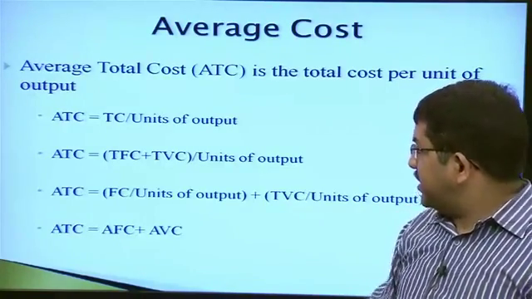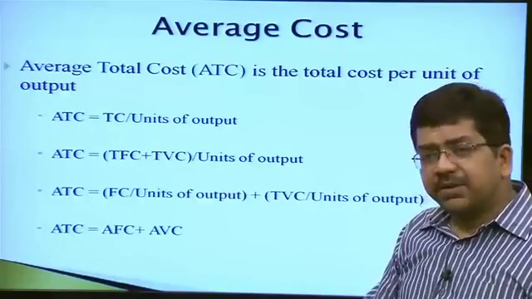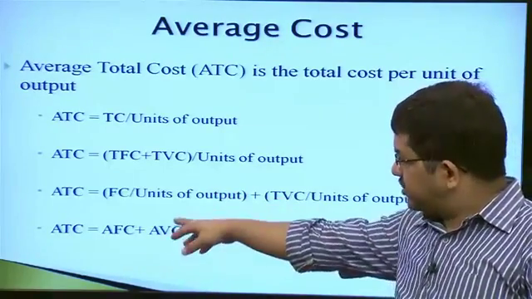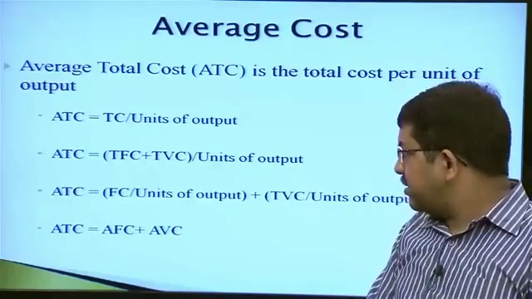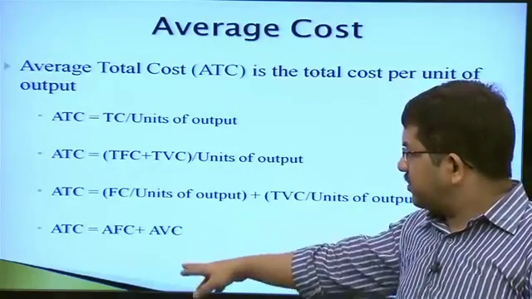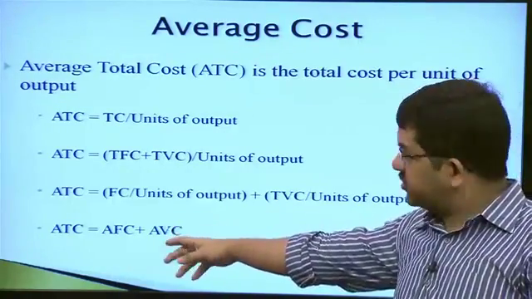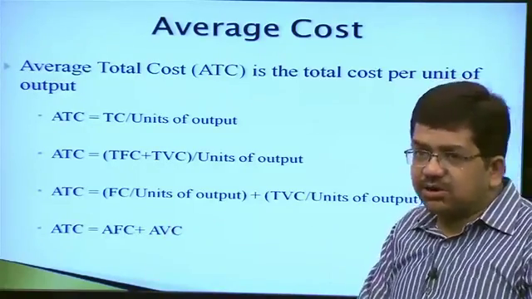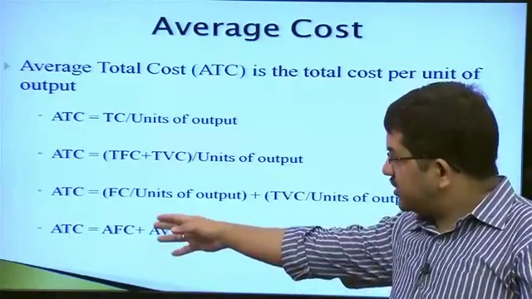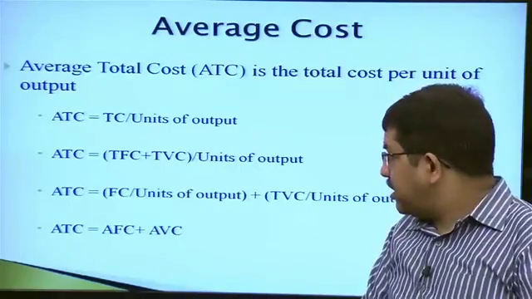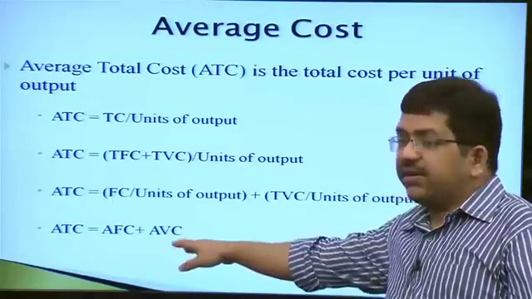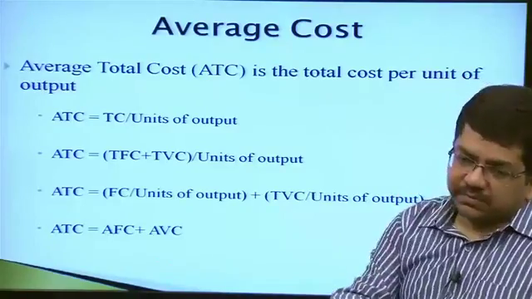You will see that this equation solves out and you get that average total cost is average fixed cost plus average variable cost. As you produce more units, your average fixed cost will go down. So, that will result in a lower total cost. On the other side, variable cost will remain the same.